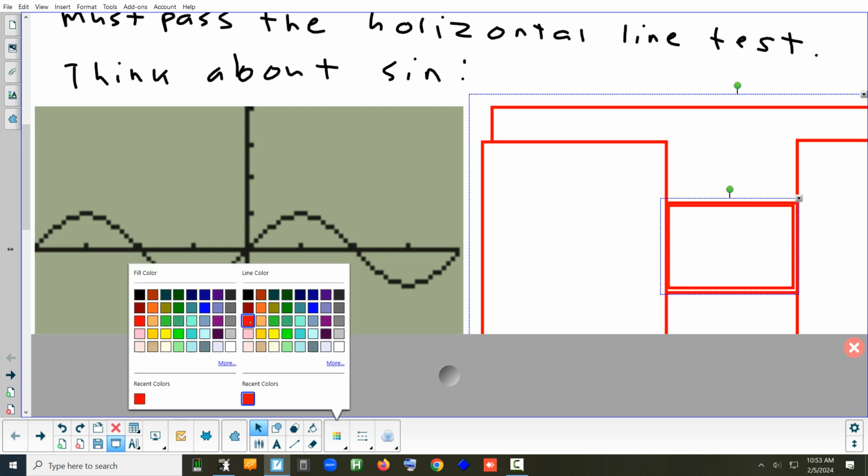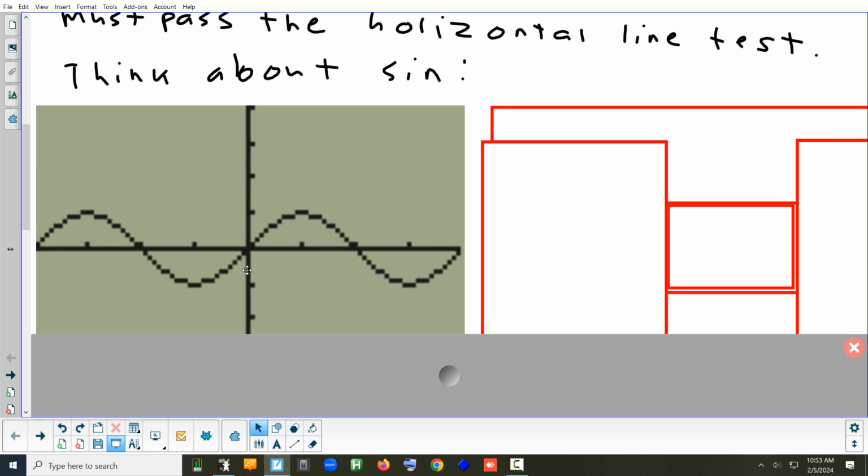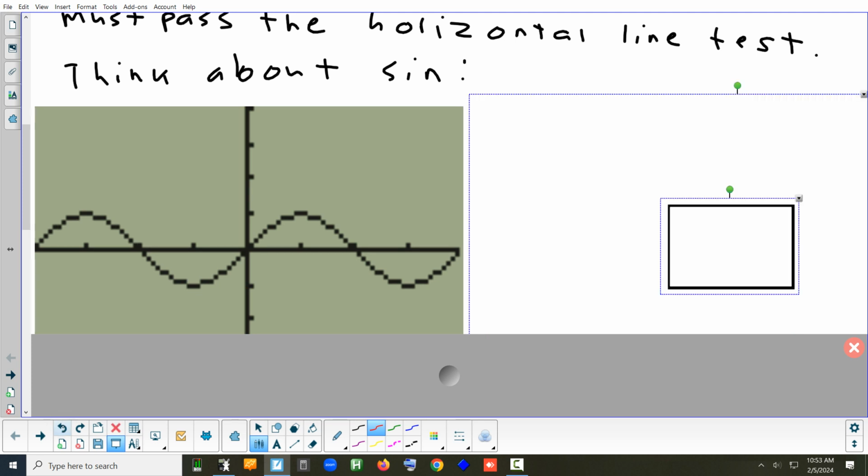So remember, this is 0. And where does the graph of sine end? One full cycle, 2 pi. Let me fix what I did over there. So this is 0. This is 2 pi. That's pi.